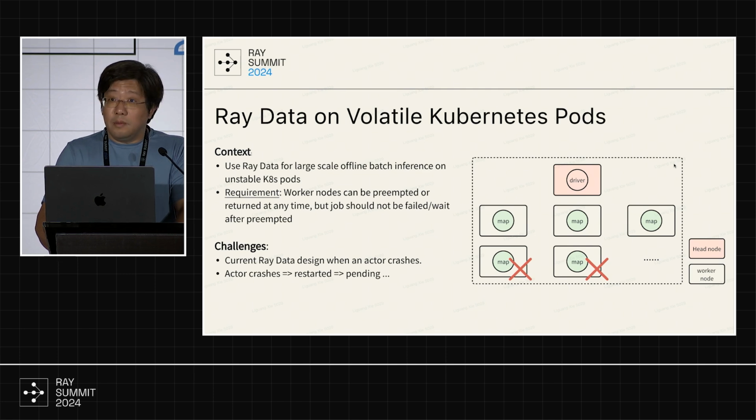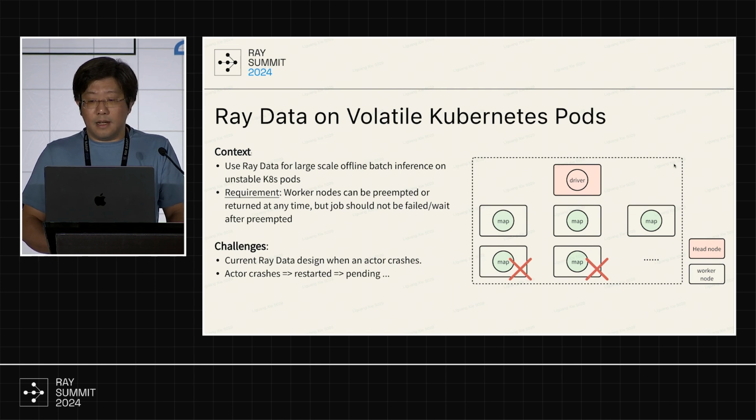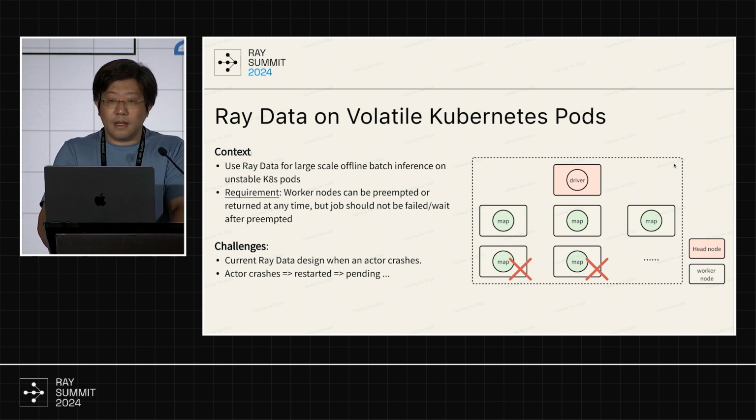As you may know, large language models and many other generative AI data processing tasks are typically handled offline due to the huge resource demands and tolerance of relatively long processing time. But this is all about cost.